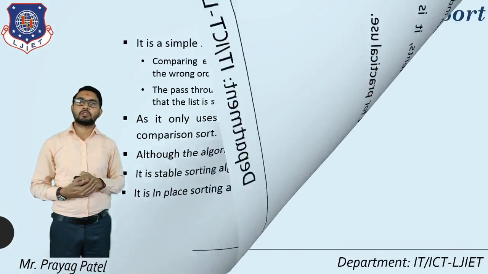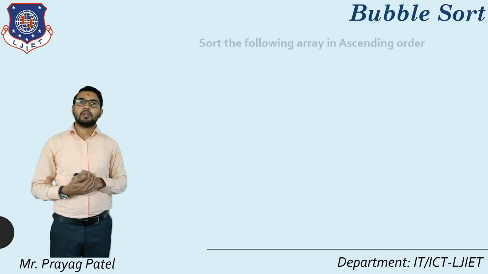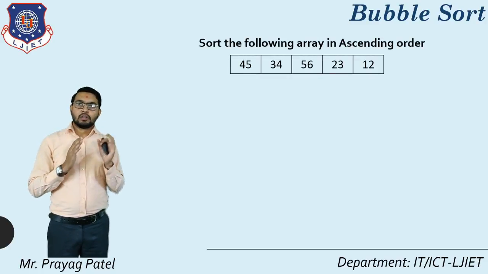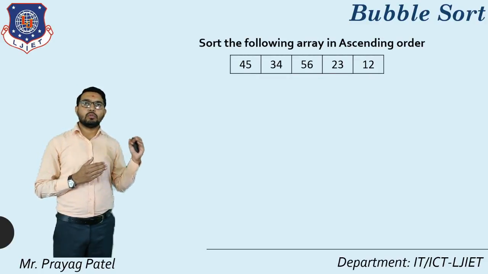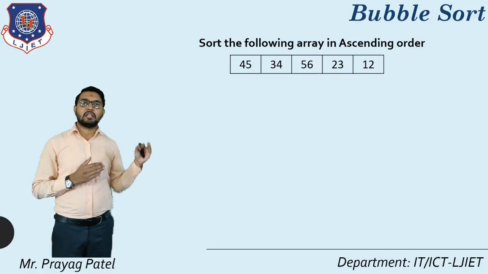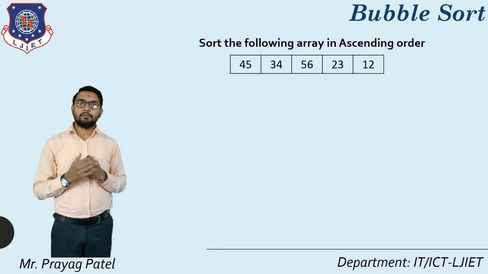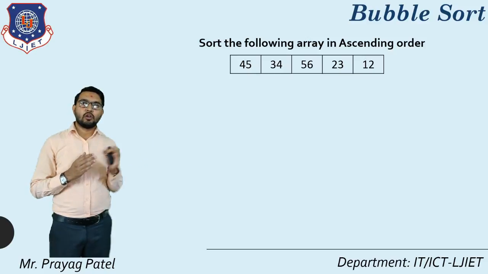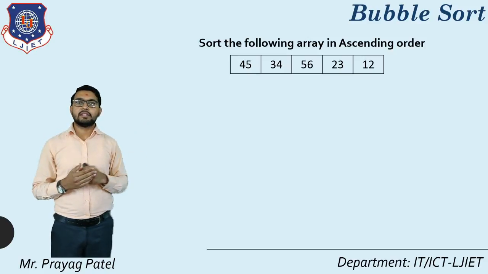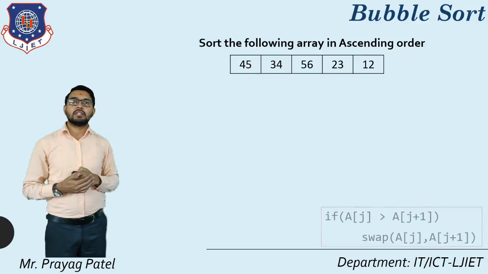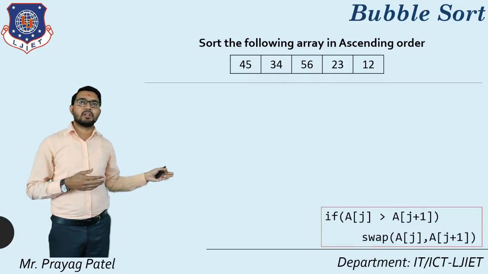Now understand the bubble sort using one example. Here consider the given array as 45, 34, 56, 23 and 12, and sort the following array in ascending order using bubble sort is our example. Now consider the first step or first condition.